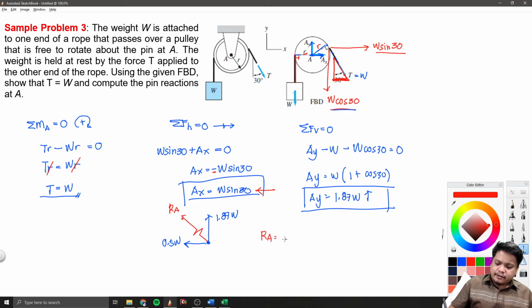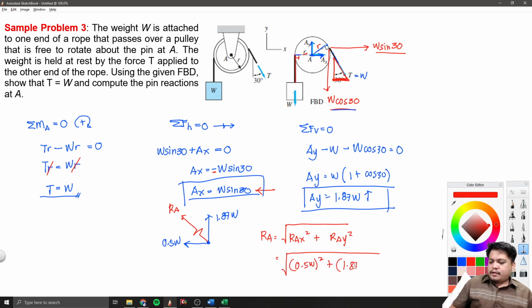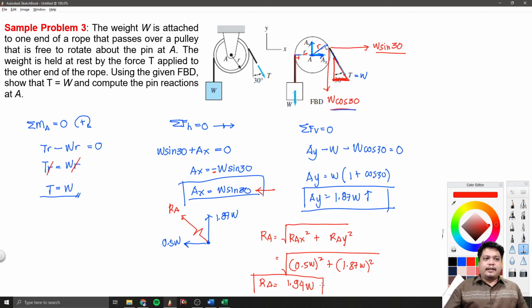So, your RA equals the square root of RAX squared plus RAY squared, or that is equal to the square root of (0.5 W) squared plus (1.87 W) squared. So the reaction should be equal to the square root of 0.5 squared plus 1.87 squared, so that is 1.94 of W. Okay. So, this is now the answer for this problem.